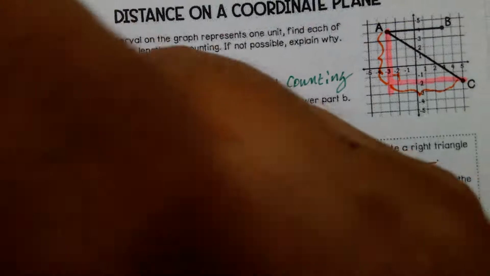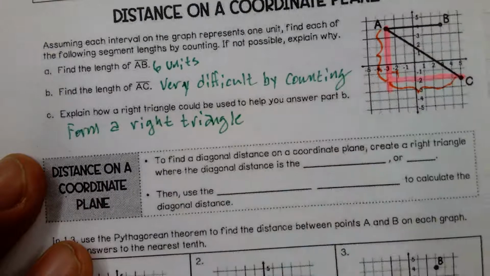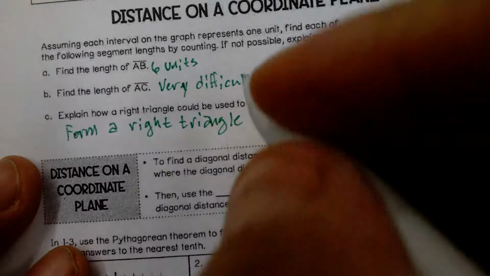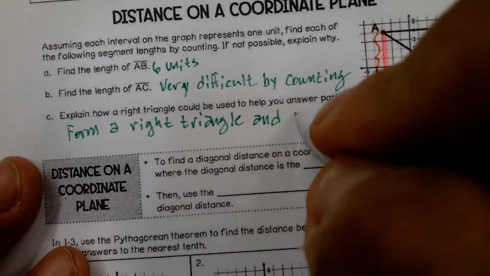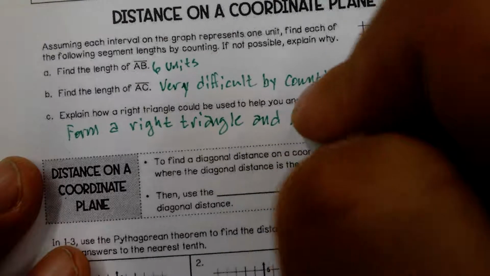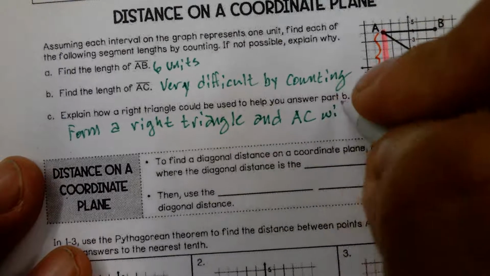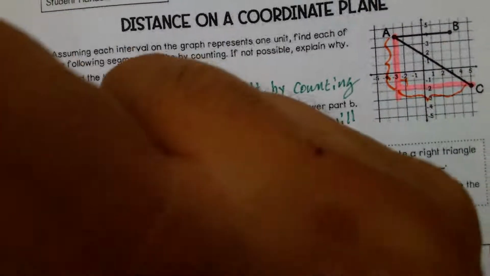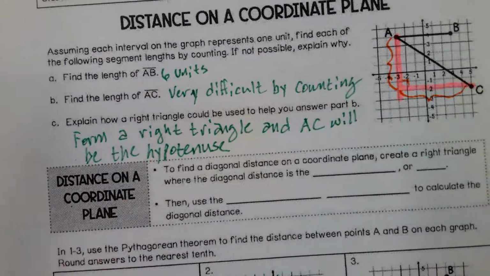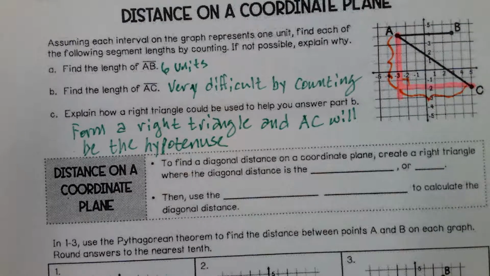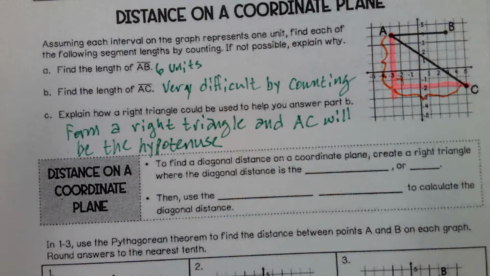We form a right triangle, and let's say AC will be the hypotenuse. All right. So that's the technique we're going to be using.